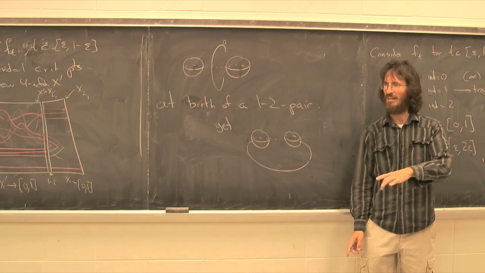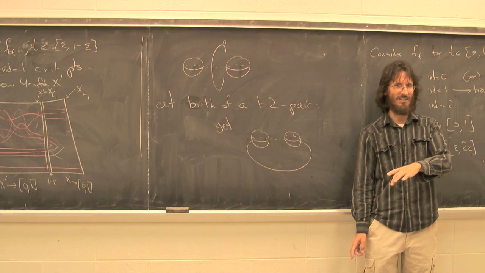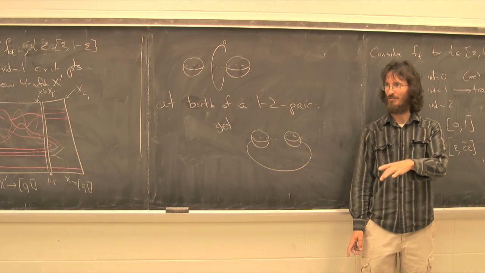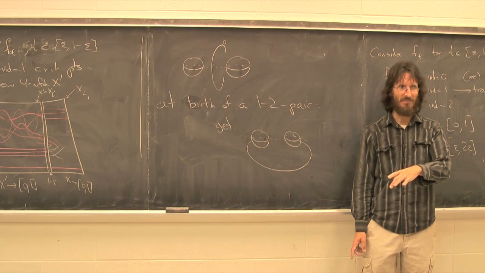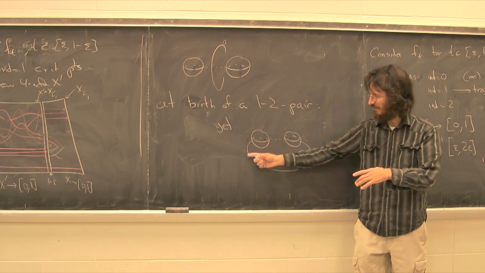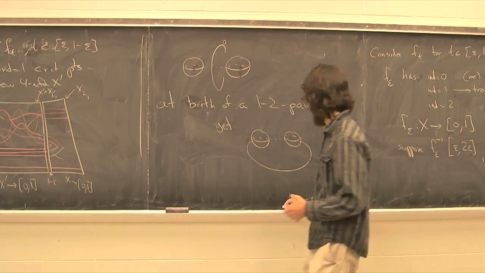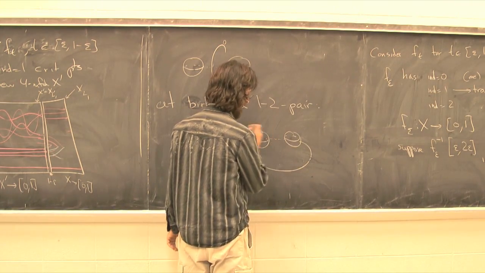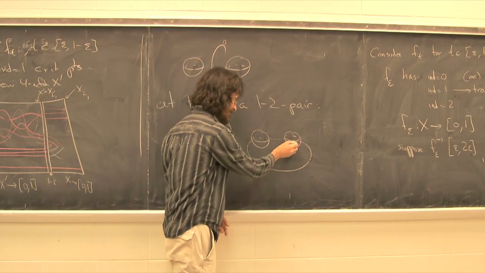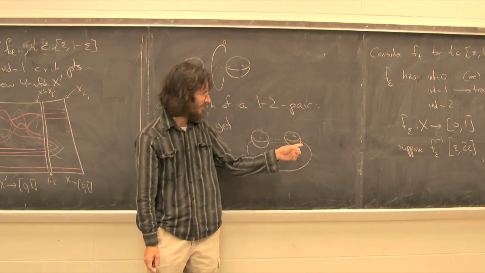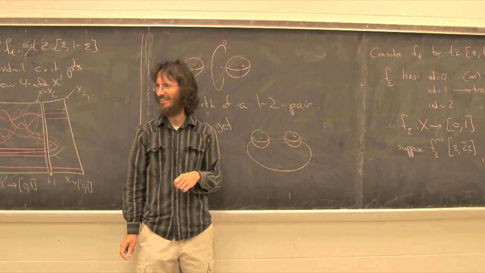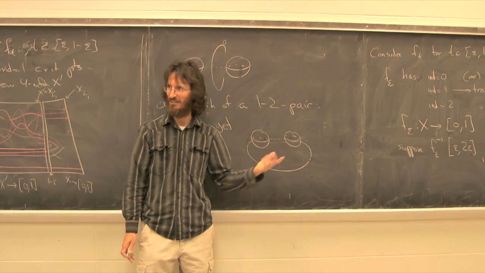So to write an integer next to it is dishonest because I don't have a preferred zero framing to reference. There are conventions, you'll see papers in which integers are written next to this, and what that really means is that you use this dotted line to imagine that it connects up, and then you pretend that it is a knot in S3, and then you write it.